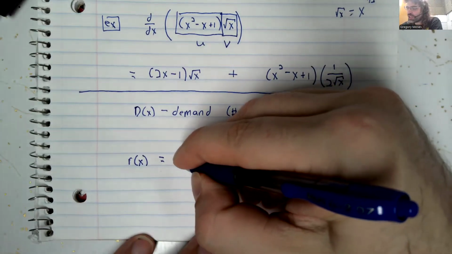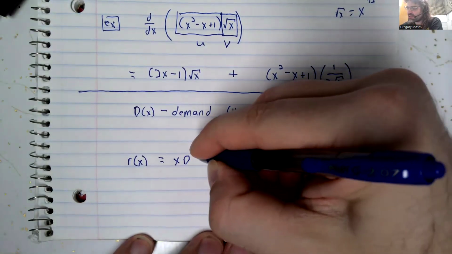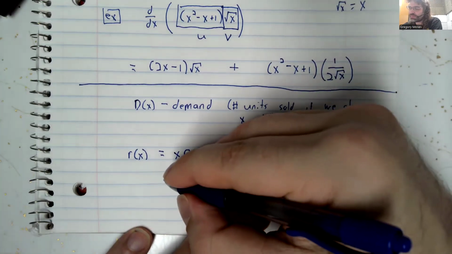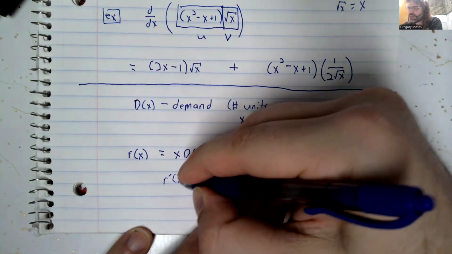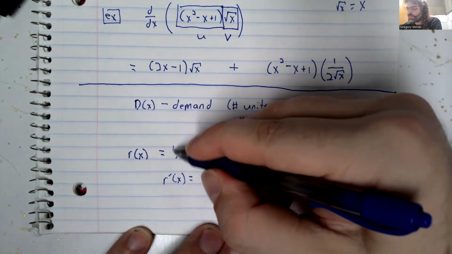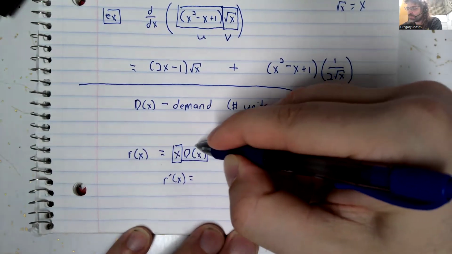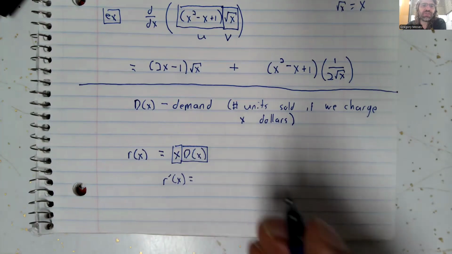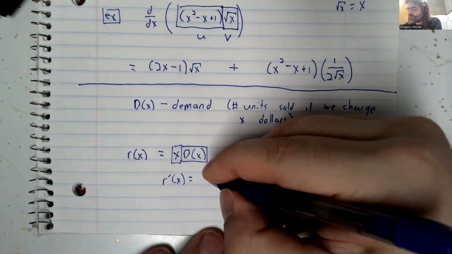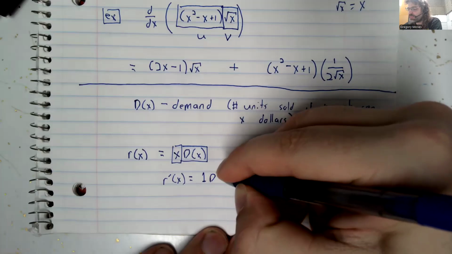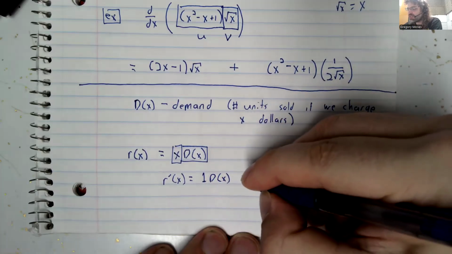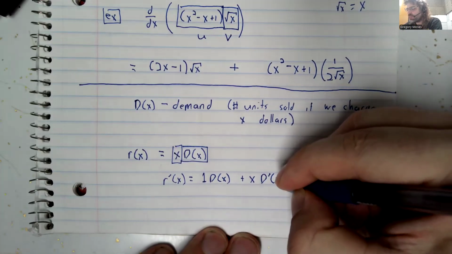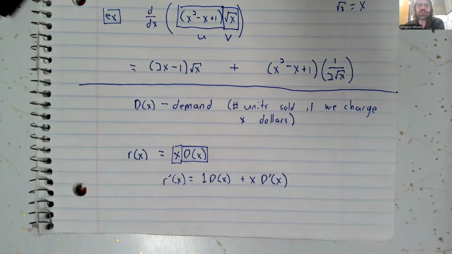So the revenue function is x times the demand function. And the derivative of the revenue therefore comes from the product rule. You've got x times d of x. The derivative of x is 1 times d of x plus x times the derivative of the demand function.